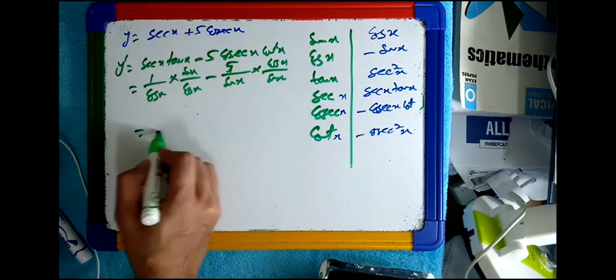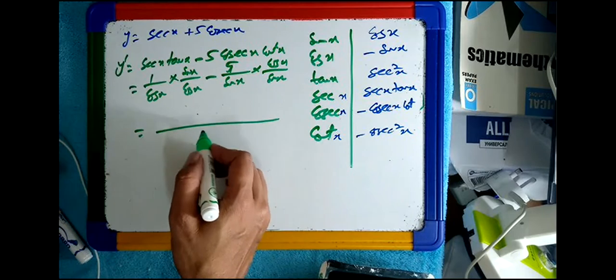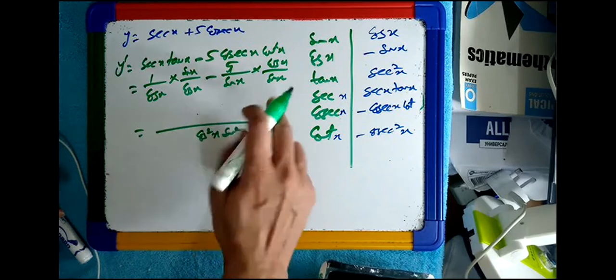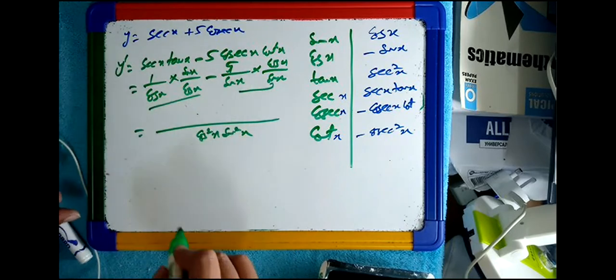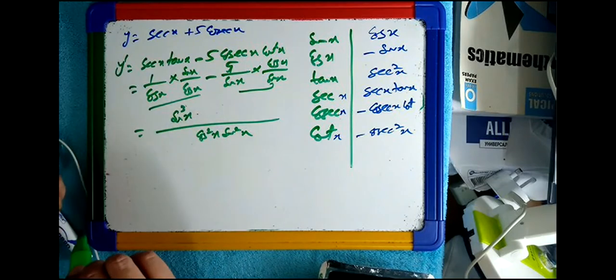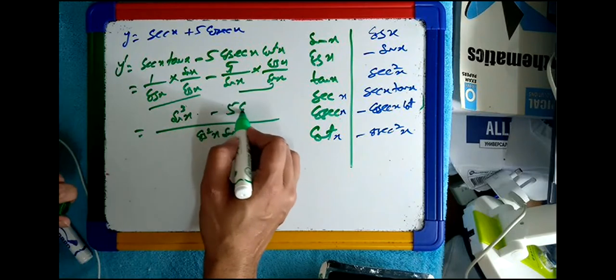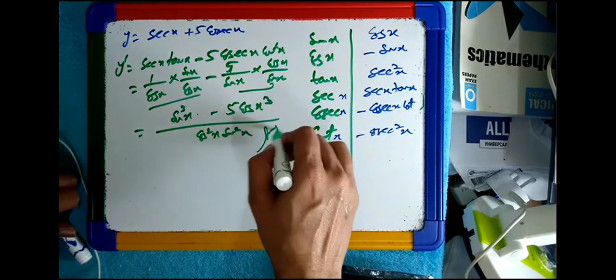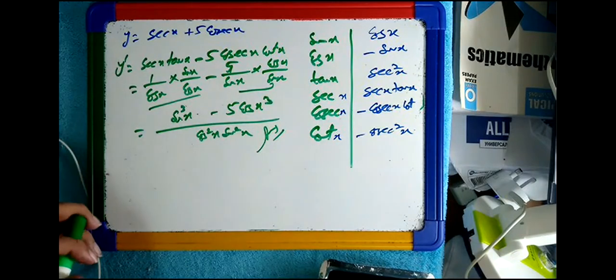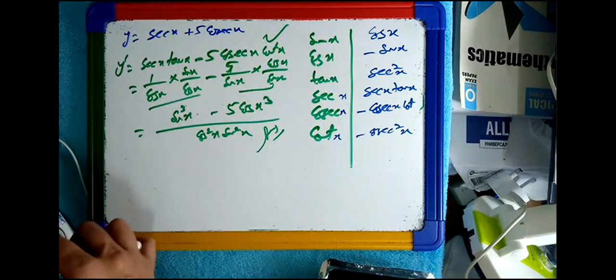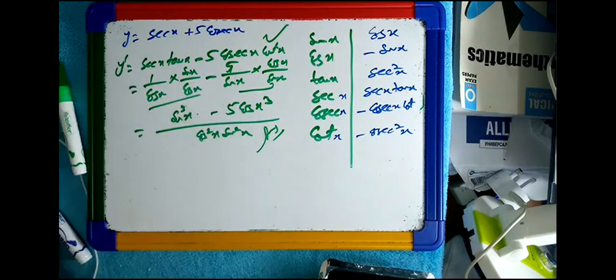The next step will be cos square x and sine square x, and then you will get sin x over cos square x, minus 5 cos x over sin square x. This is the answer. Otherwise, the first step is also an answer. But if they say prove this one, then you will do this.